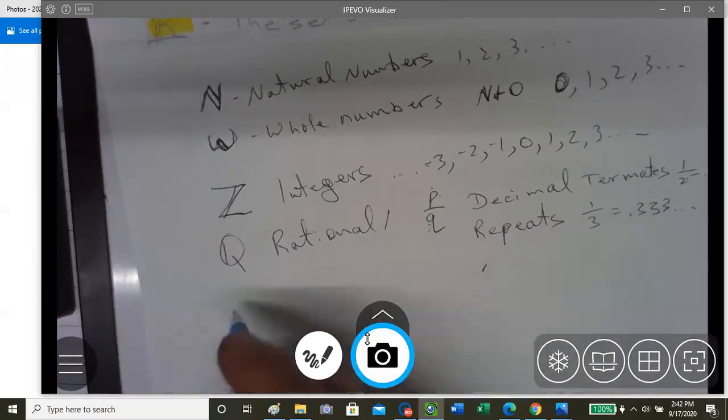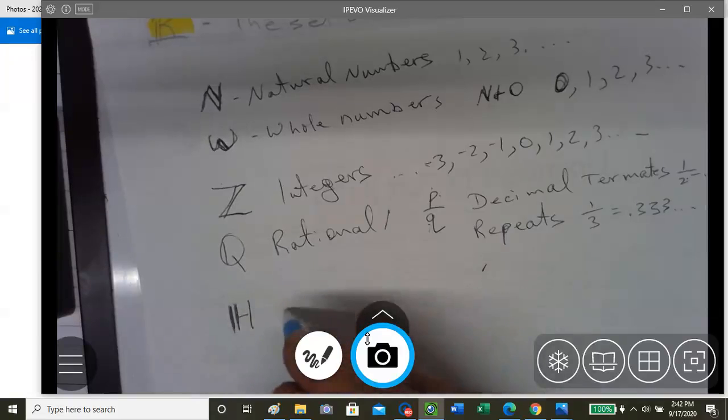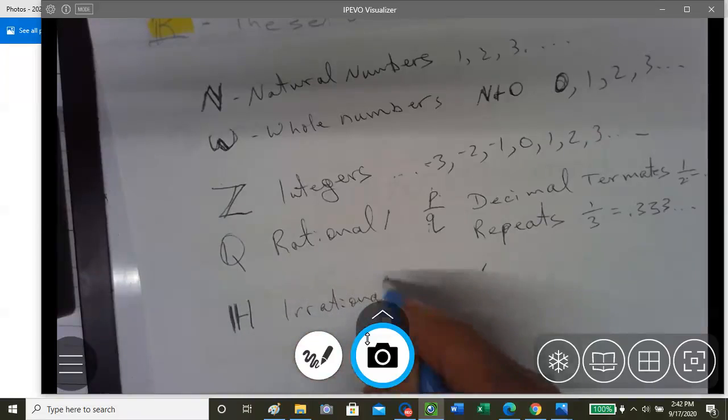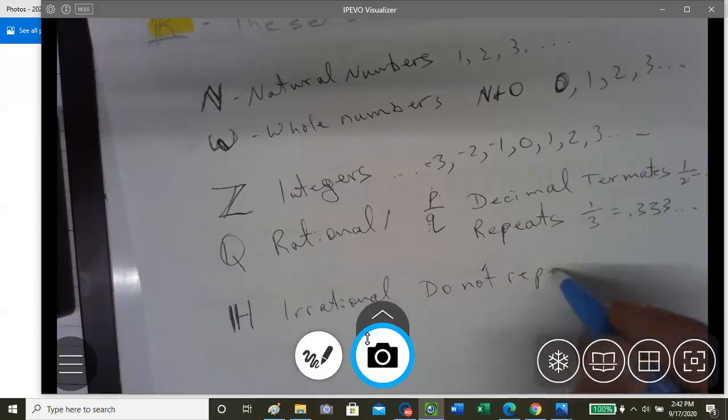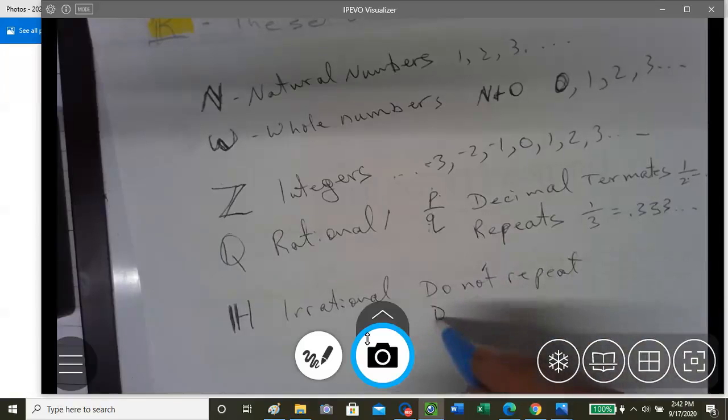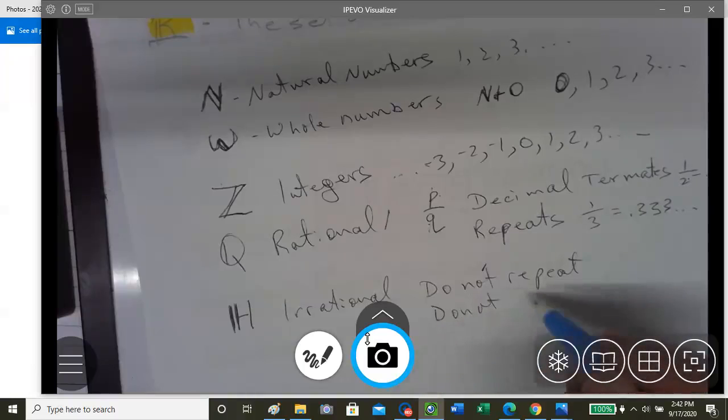And then irrational is symbolized with an H looking symbol, and those do not repeat and do not terminate as decimals.